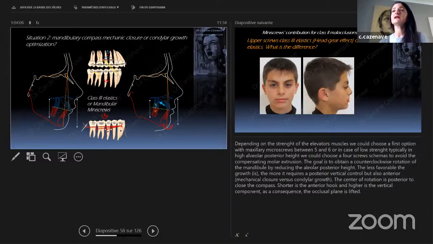The less favorable the growth is, the more it requires a posterior vertical control, but also anterior. It's a question of mechanical closure versus condylar growth. The center of rotation is posterior to close the compass. The shorter the anterior hook, the higher the vertical component. As a consequence, the occlusal plane is lifted.